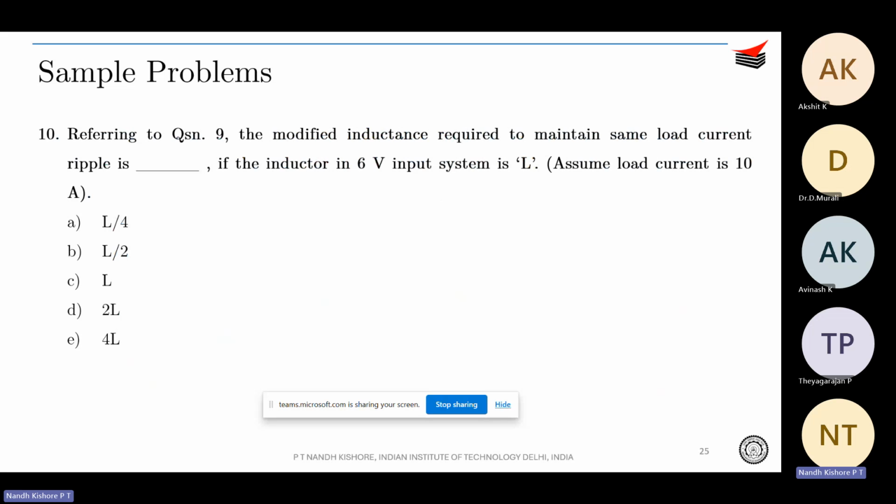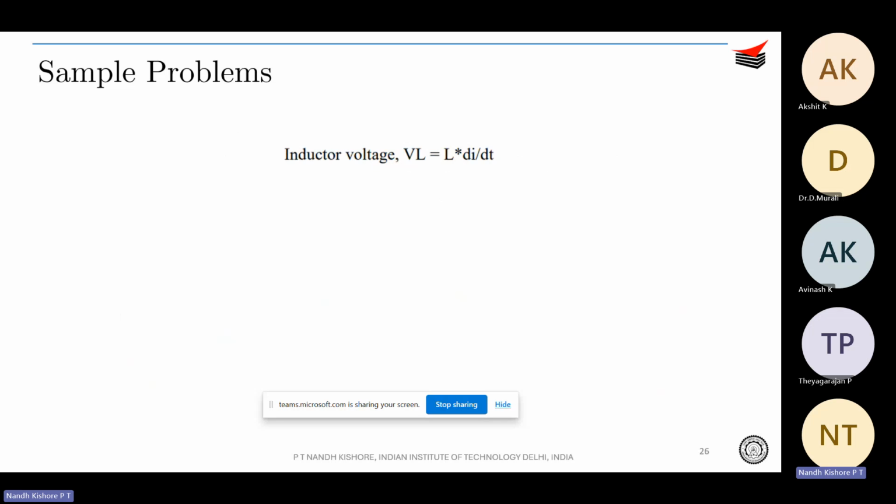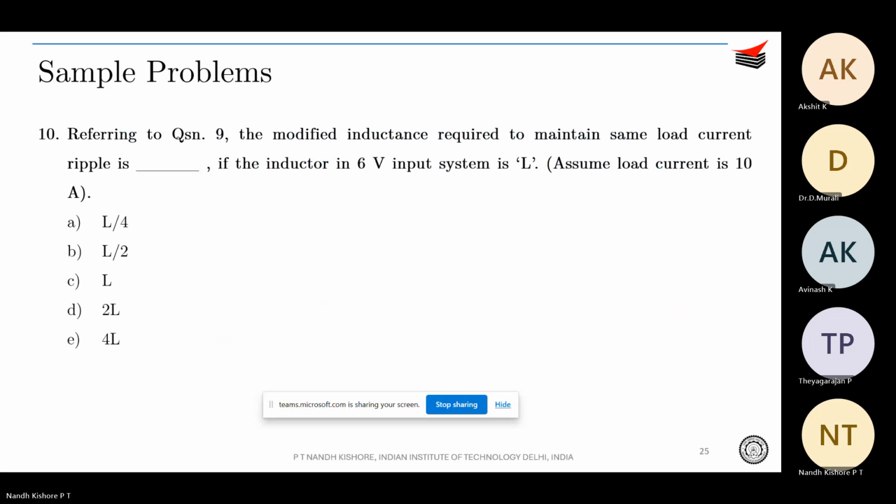Referring to question number 9, the modified inductance required to maintain the same load current ripple is dash if the inductor in 6 volts input system is L. So what you basically did was, in the question, you changed your input. So V in changed from 6 volts to 12 volts and V naught changed from 32 volts to 64 volts.